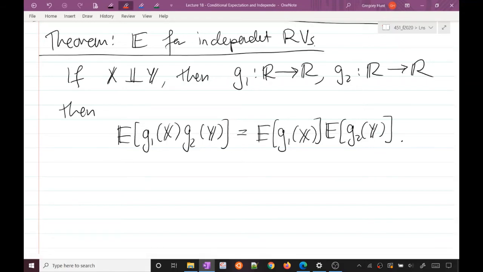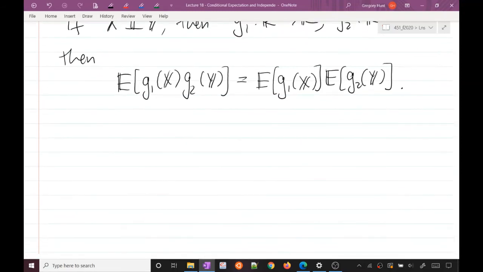If x and y are independent, the expected value of any function of x times any function of y is just the expected value of that function of x times the expected value of the function of y. It's really helpful. Before looking at an example, let's just write a real quick proof. We should be able to prove this now because we have the tools, and it's just exploiting our definition of independence. g1 of x times g2 of y.